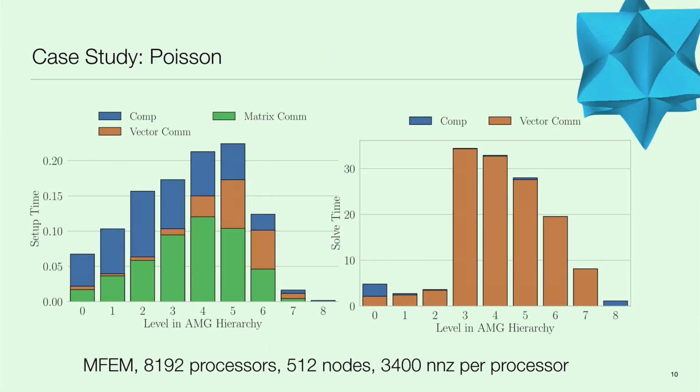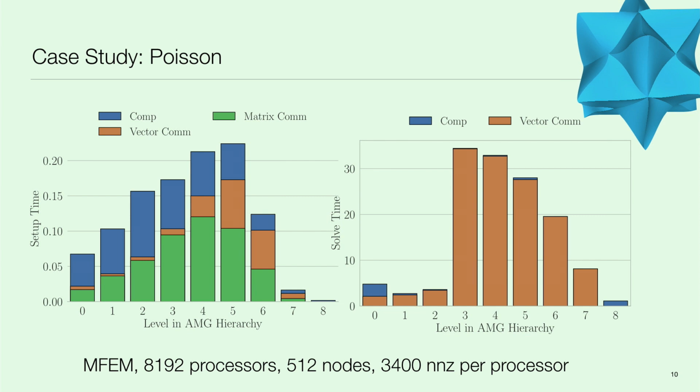Here's a different view. This one's just on a Laplacian. It happens all the time on these types of problems. Here I have a slightly smaller problem, and there are 9 levels in the hierarchy. On the left, I distinguished the setup and the solve time on the right, and also highlighted the different portions.